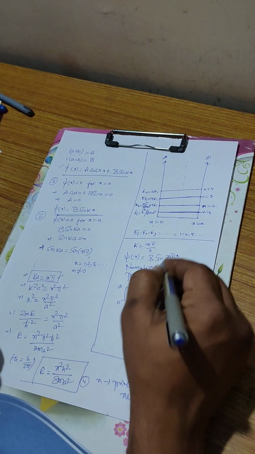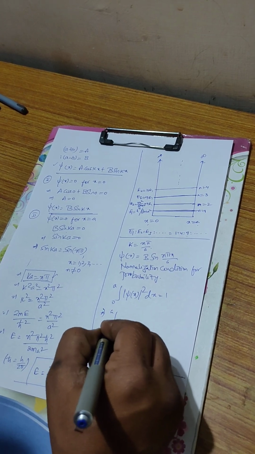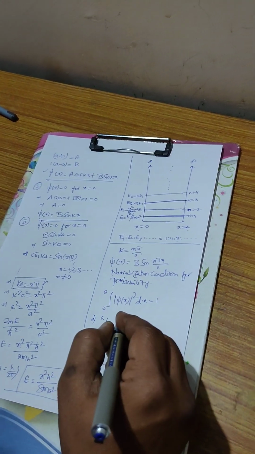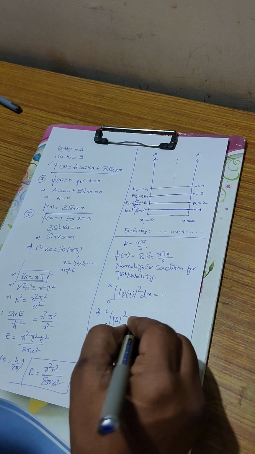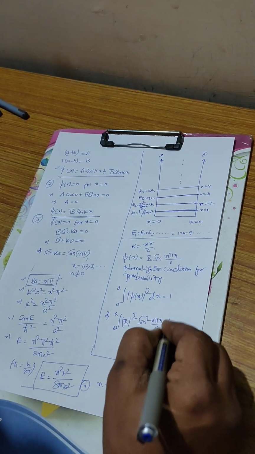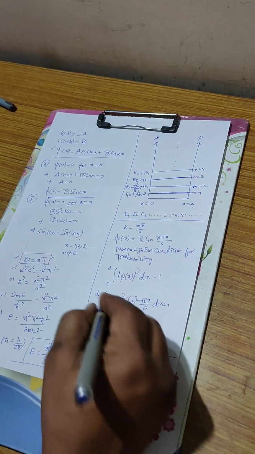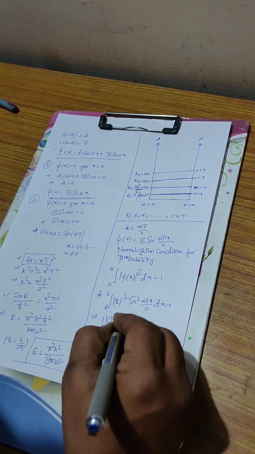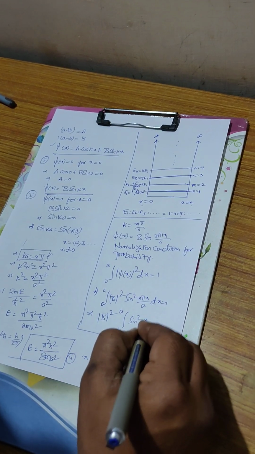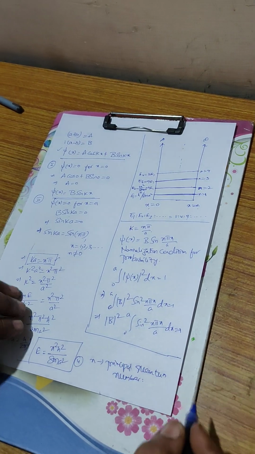Now substituting the psi of x here, we'll get integral 0 to a B square sine square n pi x by a dx is equal to 1. This implies that modulus of B square integral 0 to a sine square n pi x by a dx is equal to 1.